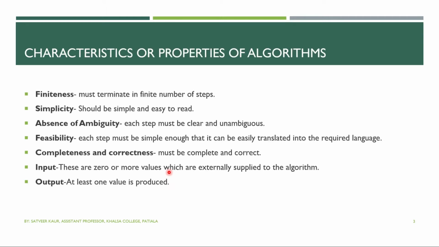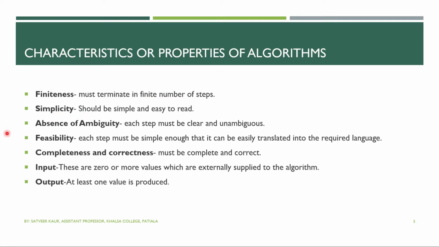There are some characteristics or properties of an algorithm. It must have finiteness, that means it must terminate after a finite number of steps. Then simplicity, it should be simple and easy to read.